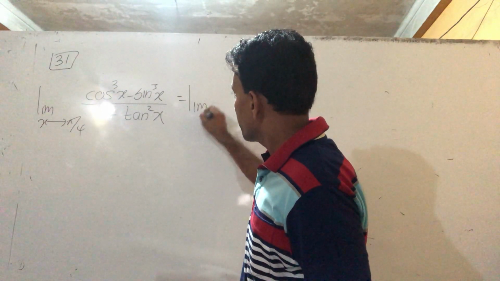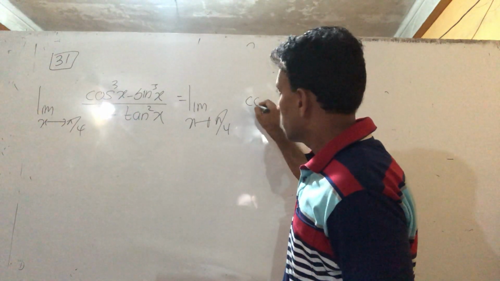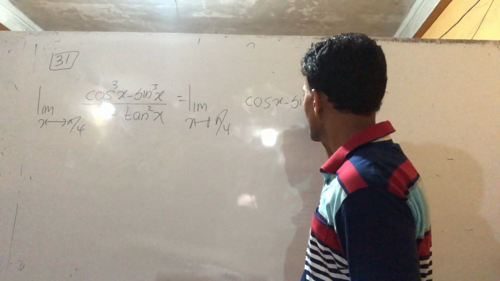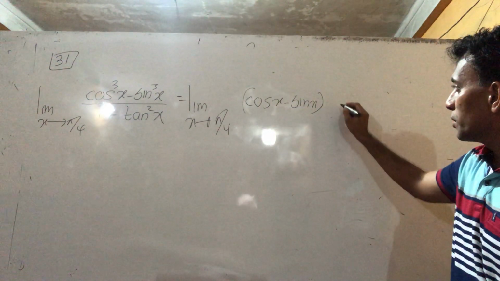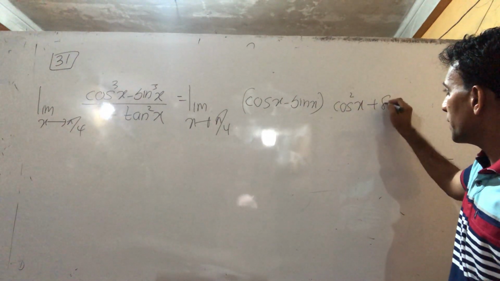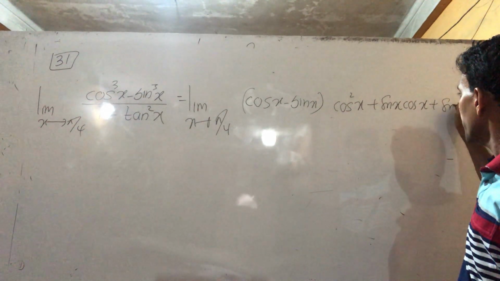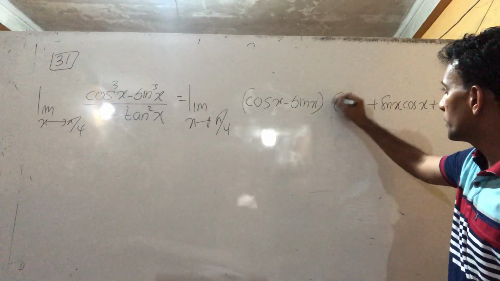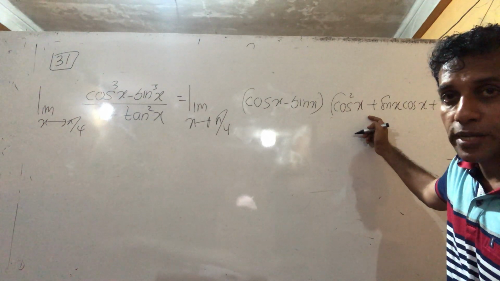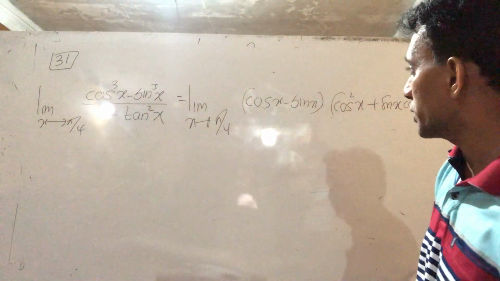So limit x tends to pi by 4, factorizing cos x minus sin x, the other one, cos square x plus sin x cos x plus sin square x. Okay. Here, don't say a square plus 2ab plus b square. That is different. For the cubic factorization, that is not a plus b all squared, the binomial part.